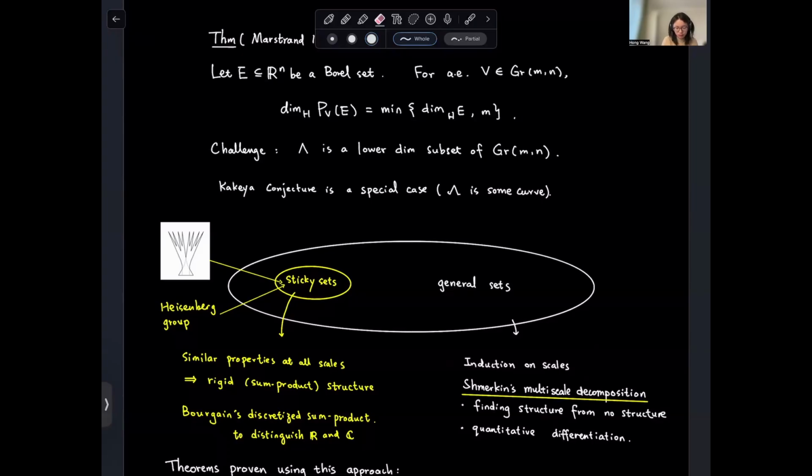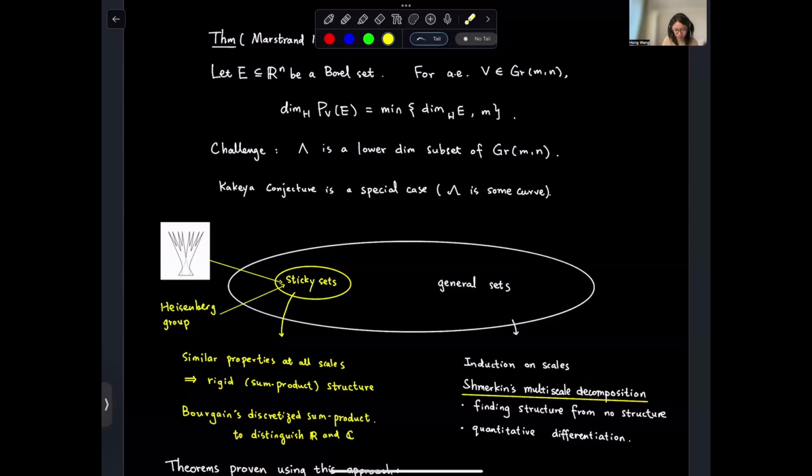So it's already non-trivial to identify the right notion of sticky sets for the problem you want to work on. For example, for the Kakeya set problem, we will define what sticky means later, but the examples that we have seen so far, the Besicovitch construction and the Heisenberg group example, are both sticky.